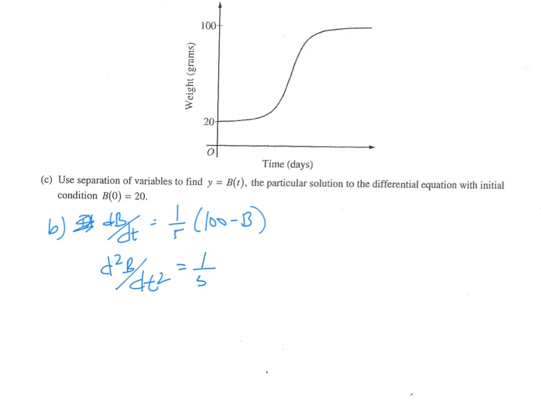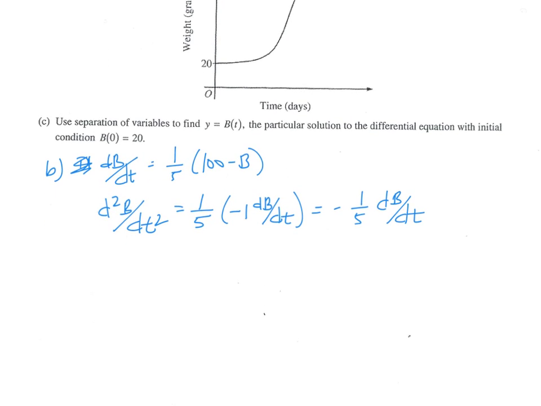So this would be 1/5, and in the parentheses we know that the derivative of 100 is 0, and the derivative of negative B will be -1 times dB/dt, which gives us -1/5 dB/dt. Now we know what dB/dt is equal to, so let's substitute that in. And we get -1/25 times (100 minus B).